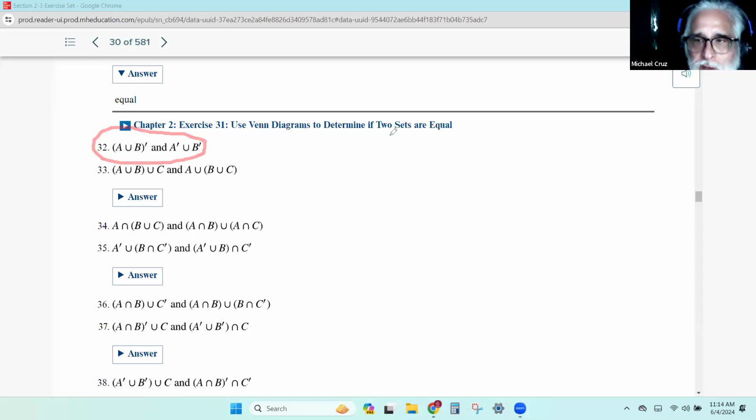What they want us to do is find out if the sets are equal. What do you think about that one I got circled? Are those equal?